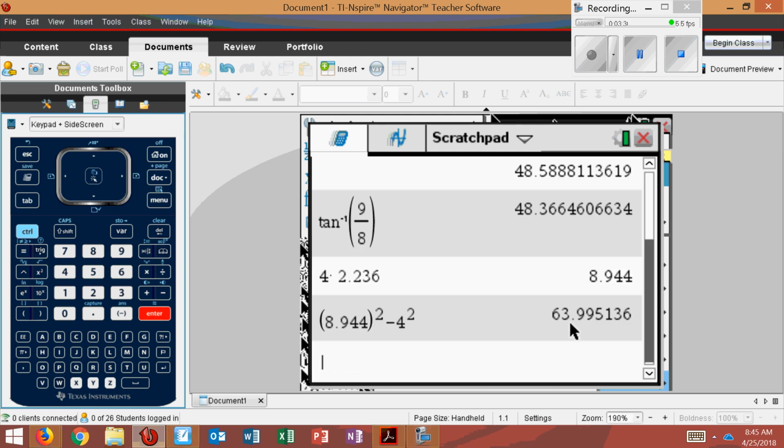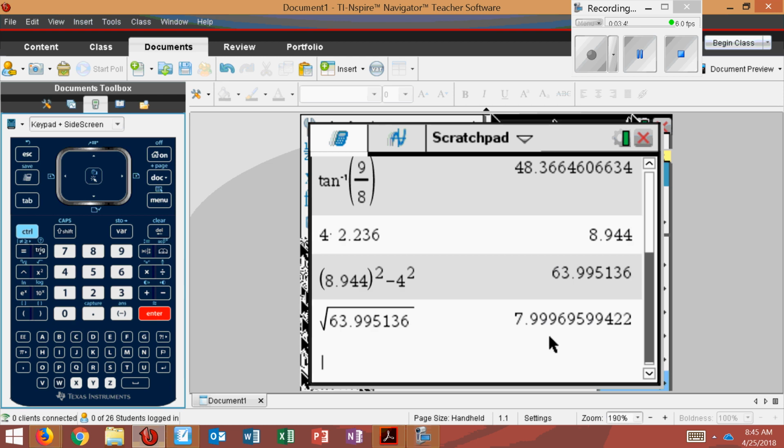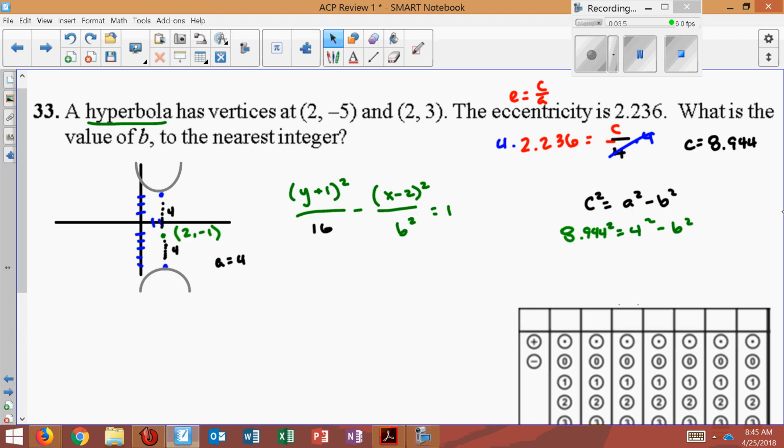And that means that is my b squared value. And when I take the square root of that, I found out that it's basically 8. 7.9999695, that's basically 8.